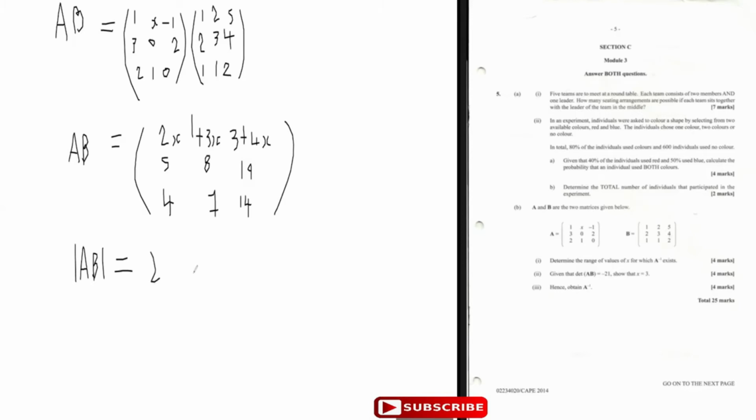So it's 2x times 8, 19, 7, 14, minus 5 times the determinant of 1 plus 3x. And then that's supposed to be 3 plus 4x. All right, 1 plus 3x, 3 plus 4x, 7 and 14.